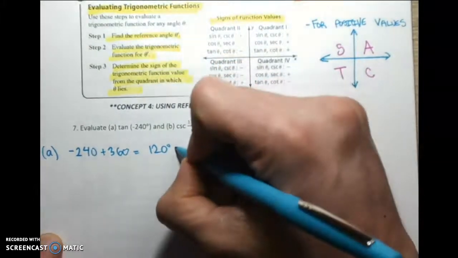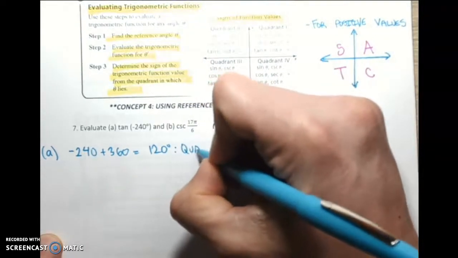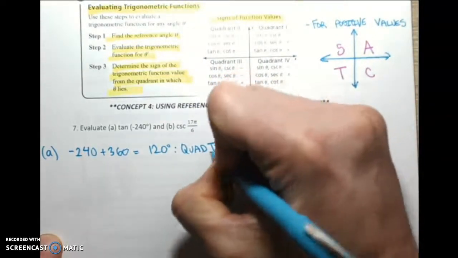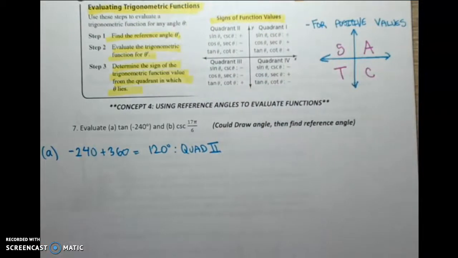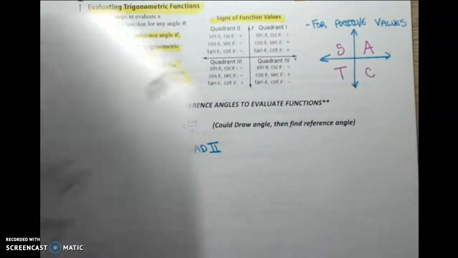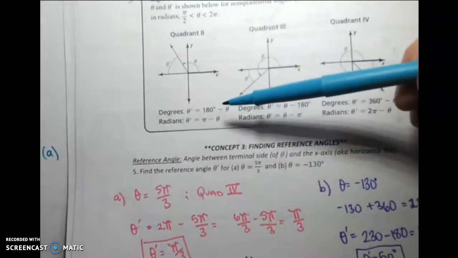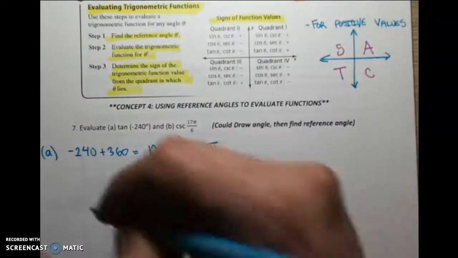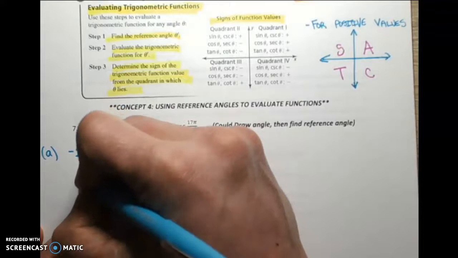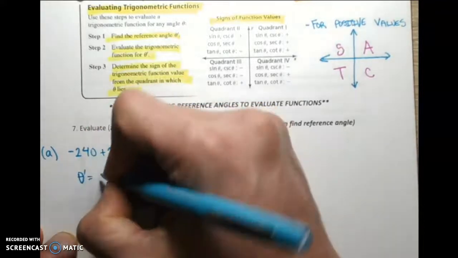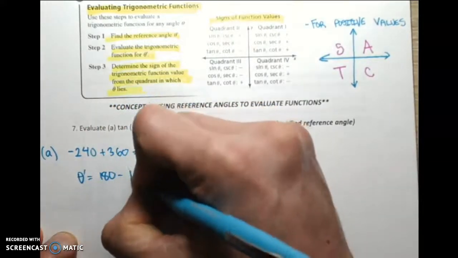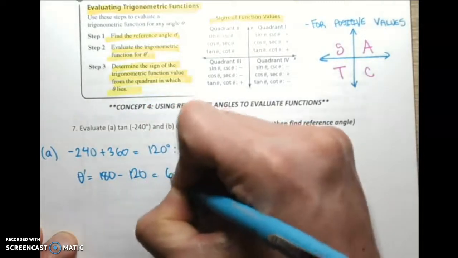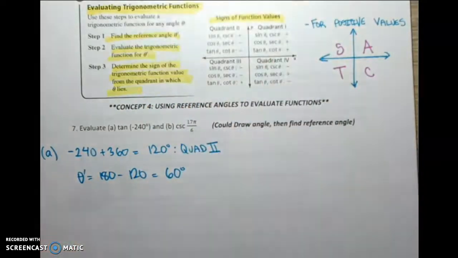Which quadrant is this in? Quadrant 2. Now I can refer back to quadrant 2 right here, 180 degrees minus beta. So now my reference angle is 180 degrees minus 120 degrees, which is 60 degrees.